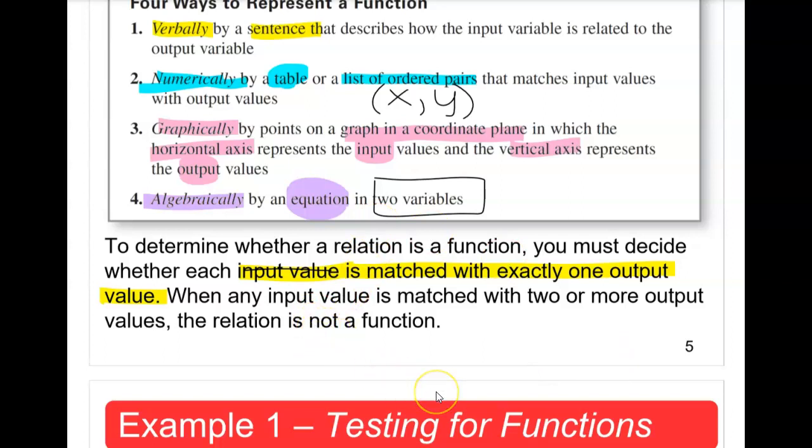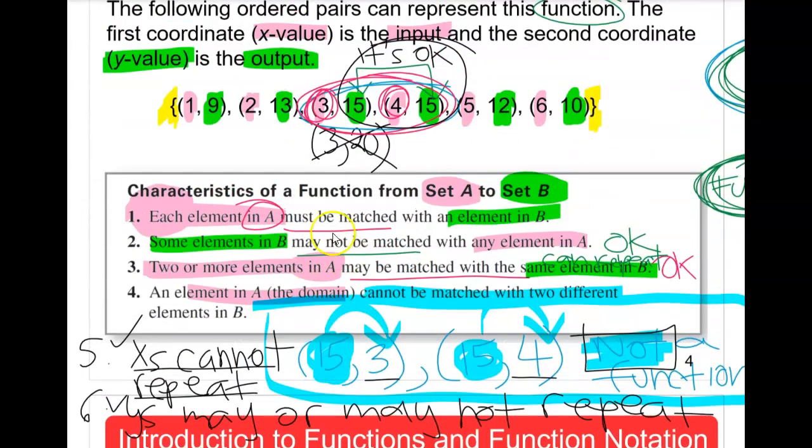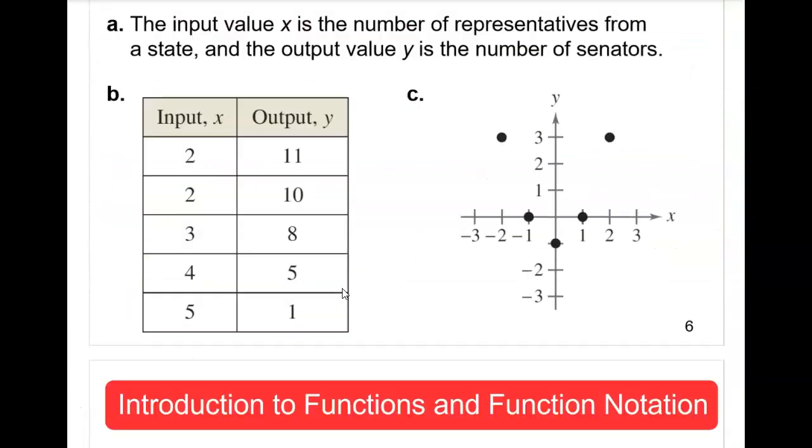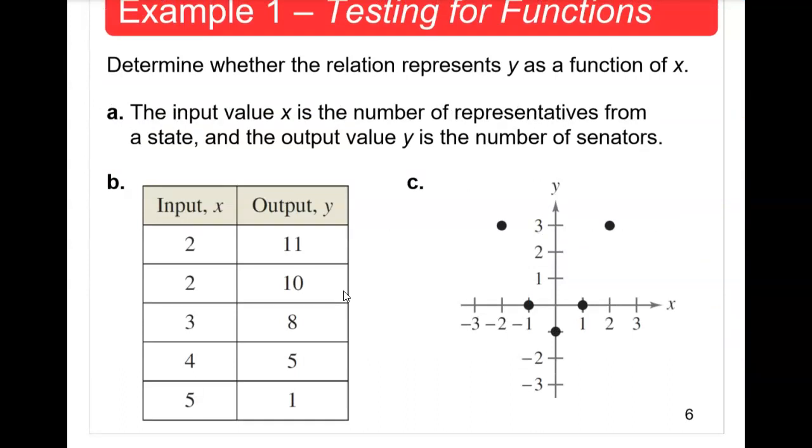So if the input is matched to two or more output values, then the relation is not a function. That's the main thing that we have to check for. And of course, there are other characteristics, so you can pause the video and read this again if you need to. Okay, so we have an example here.